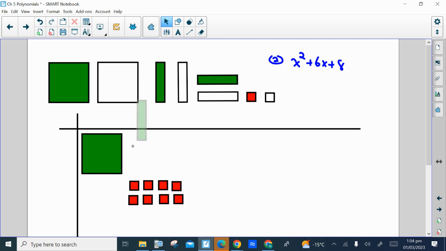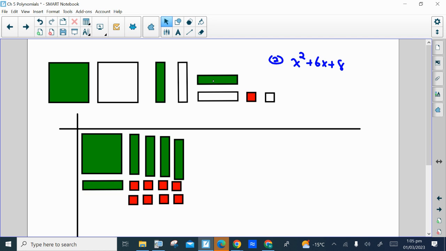So if we fill in the remaining spots, it's going to look like this. All these 4 tiles here will have the same height as what's beside, the same width as what's below. These 2 down here will have the same width as what's above, the same height as what's beside.